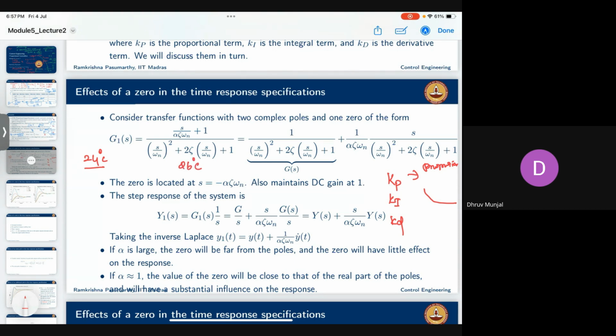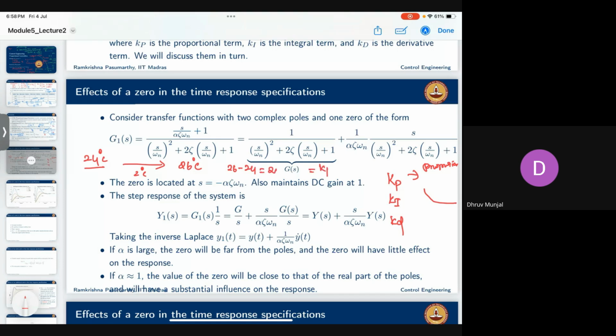Every second, the sensor is not going to check. It will check at some particular period of time, for every 5 minutes or every 10 minutes, for example. So when it checks, it notices that there is a 2 degrees Celsius increase. If I use only the proportional controller, this becomes 26 minus 24, that is 2 degrees.